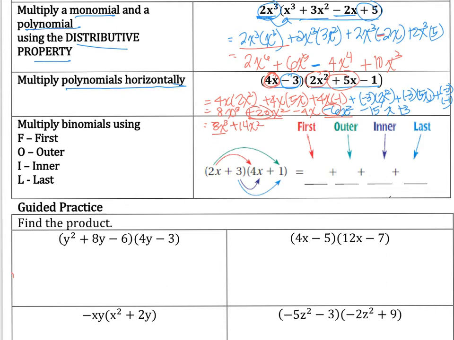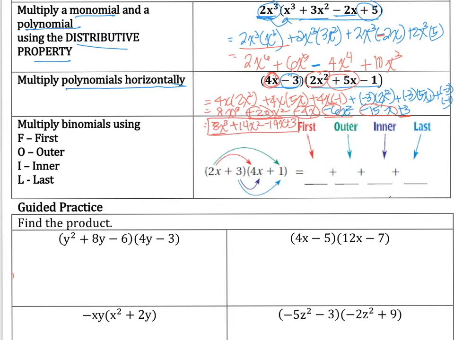And then we can take negative 4x and subtract 15x, which makes negative 19x. And here we have positive 3 as your leftover constant. So now your expression is multiplied completely.